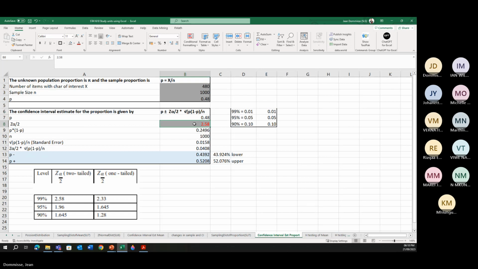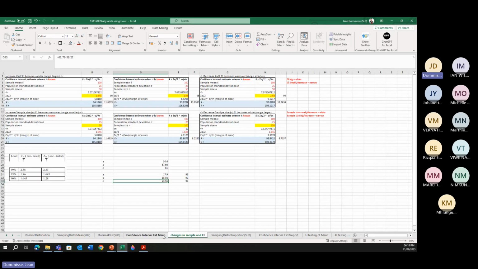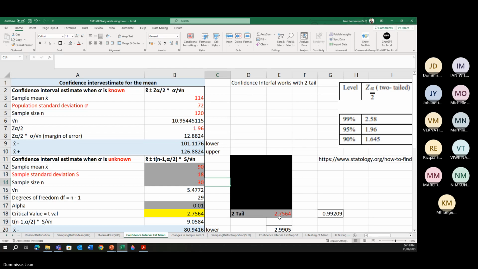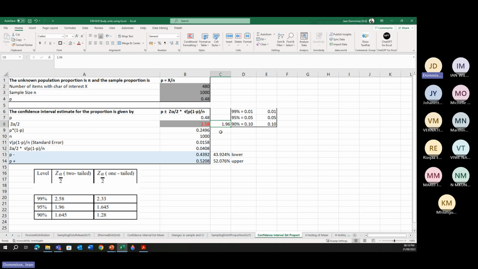Let's quickly check. We can put in 1.96 there, but let's see if there is a function that we can include. That was a T function, so will there be a Z?